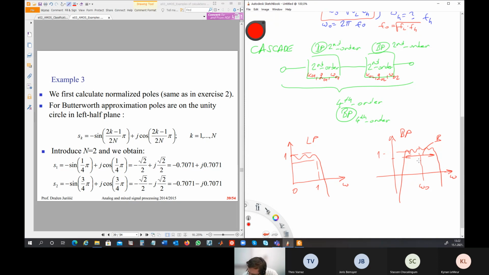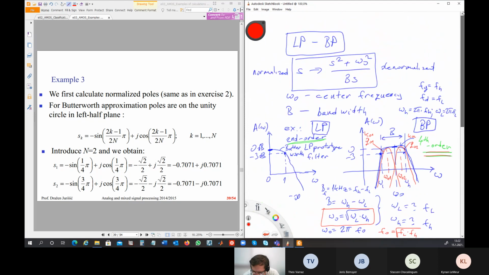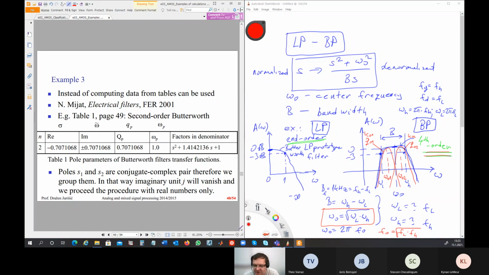So the normalized poles are here. We recognize them as poles of the Butterworth transfer function. They can also be found in some books, in some tables, so we can use these very well-known data here.